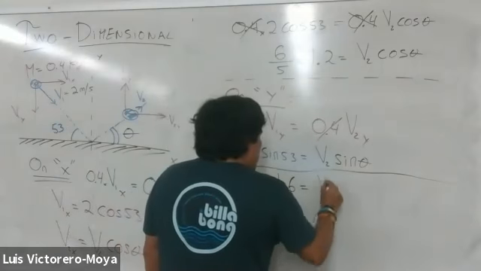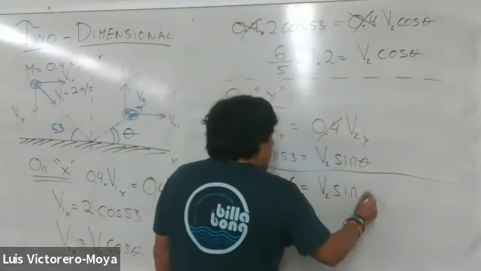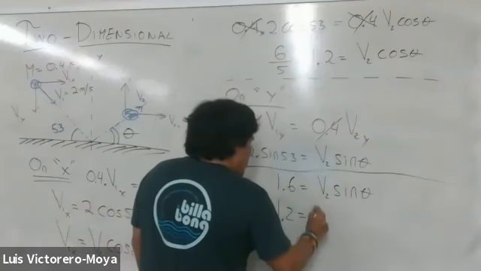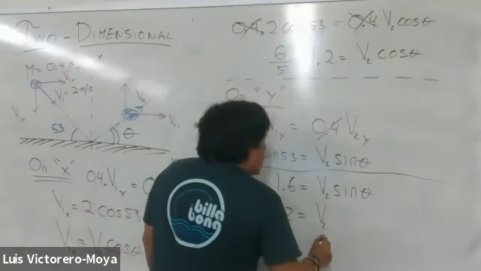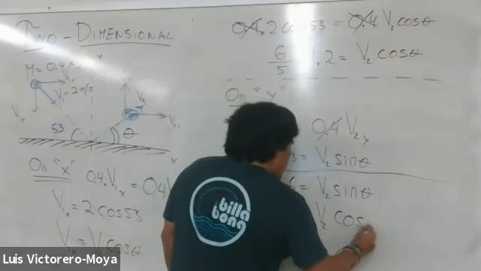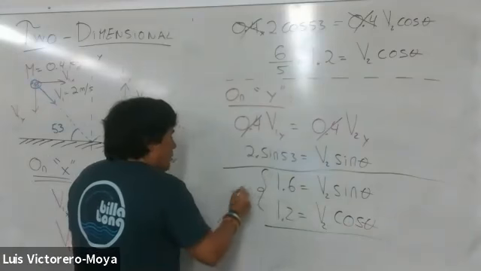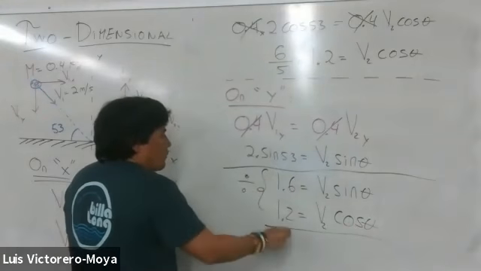1.6 is V2 sine theta, and 1.2 is equal to V2 cosine theta. So what did we do in the last problem? We divided the equations, but now I cannot do top and bottom, right?